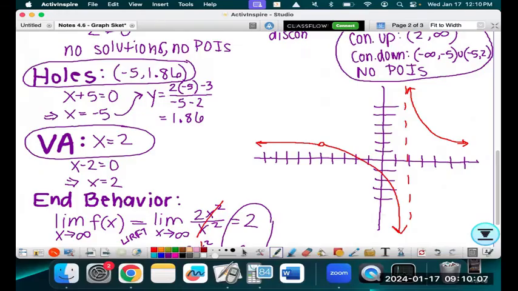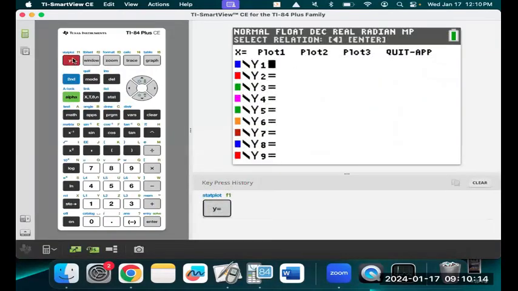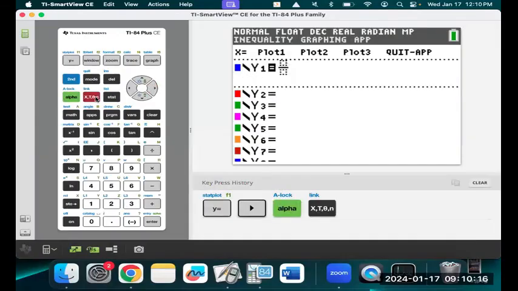So now that my sketch is fully done, let's take a look at our actual function's graph and see how close we were with our sketch. I'm going to type this in. I did alpha x just in case anyone has the newer calculator to fraction up, but I'm just going to pause the screen and the function will appear in just a moment.